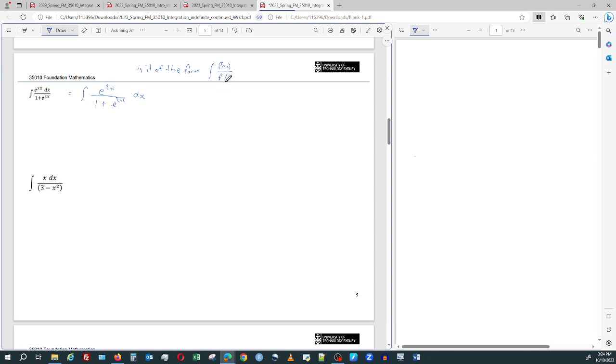Is it of that form? And the answer is we're not sure because we have to do 1 plus e to the 2x. In other words, we have to discover if 1 plus e to the 2x is, so let's do that.